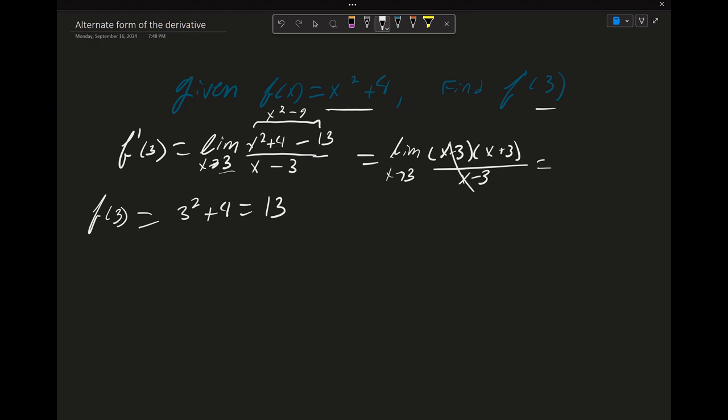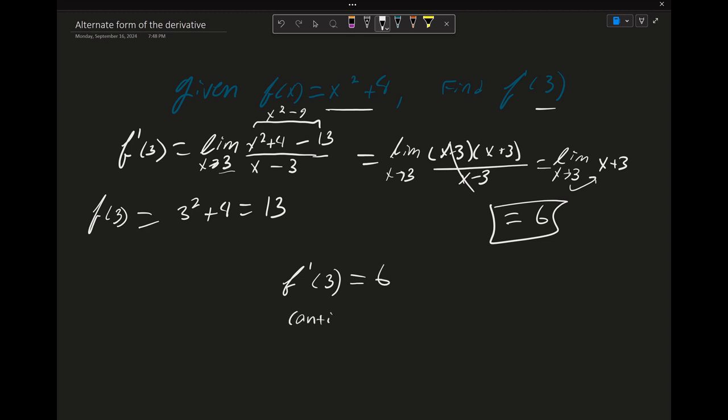So then we just get the limit as x approaches 3 of x plus 3. If we plug in this 3 from the limit, we get the value of 6. So we know that this derivative, f prime of 3, equals 6. And we also know that it is continuous at that point.